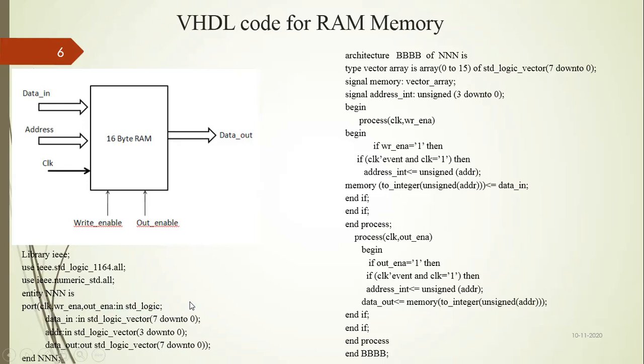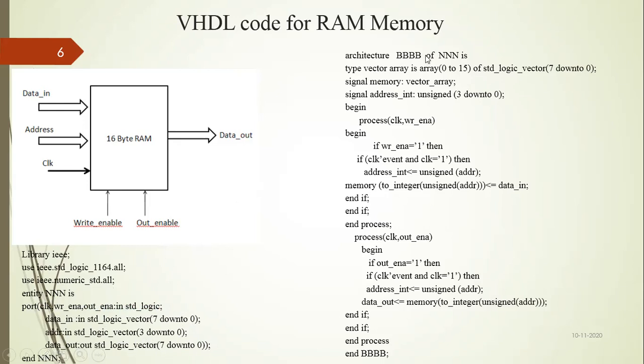Data in, mode in, std_logic_vector 7 down to 0. Address ADDR in std_logic_vector 3 down to 0. Data out, std_logic_vector 7 down to 0. And end name of entity.